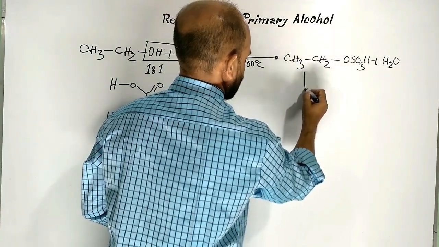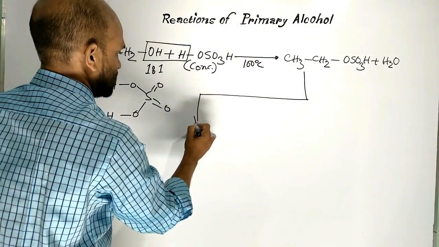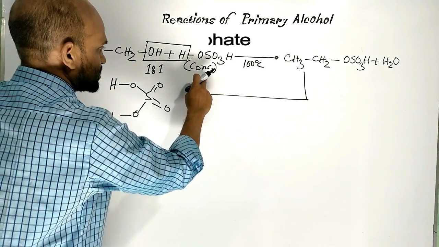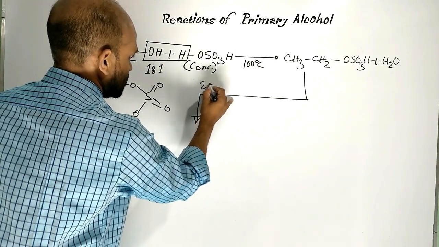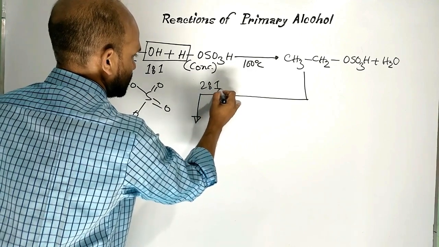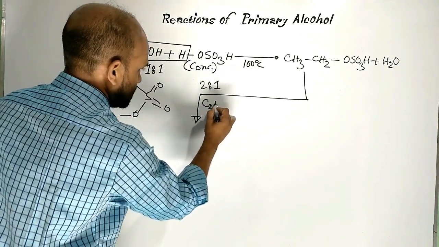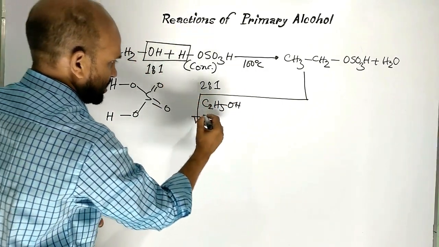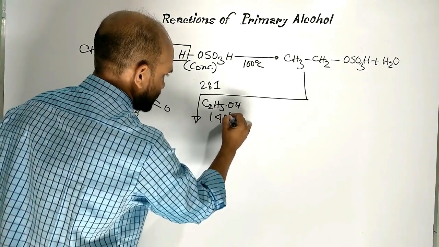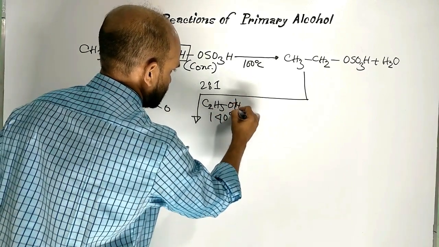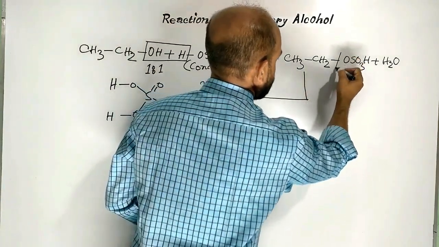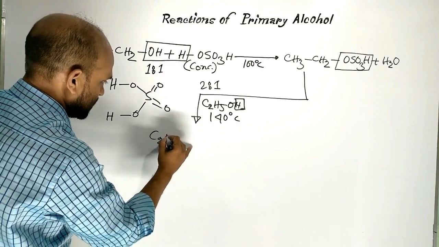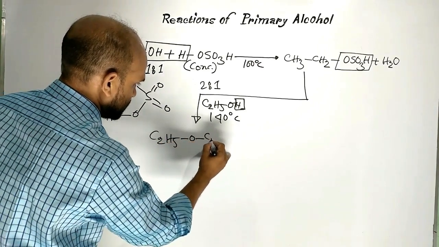But when ethanol is taken double than concentrated sulfuric acid, that is 2:1 ratio, ethanol is double than sulfuric acid and the reaction is heated at 140 degrees Celsius temperature, then sulfuric acid gets removed and ether is formed.